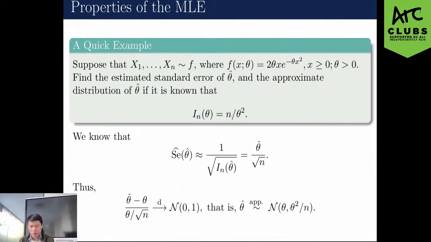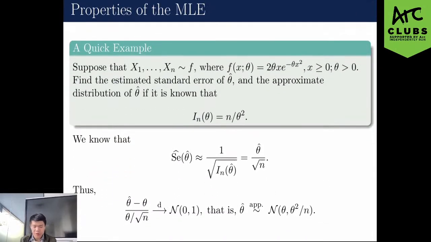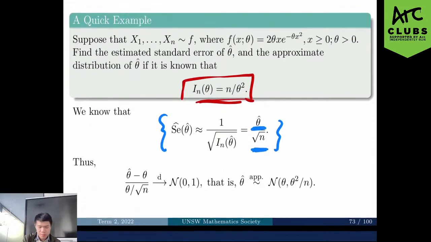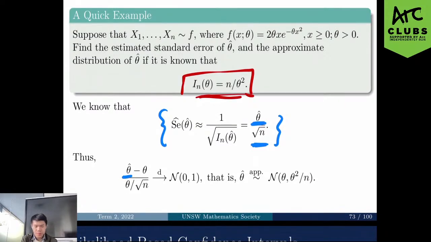So a quick example, this over here. The Fisher information of this distribution is just equal to n divided by theta squared. So all you have to do is just take 1 divided by the square root of the Fisher information, and you get this. And that means that the estimator minus the parameter, divided by the parameter divided by root n, is approximately N(0,1).